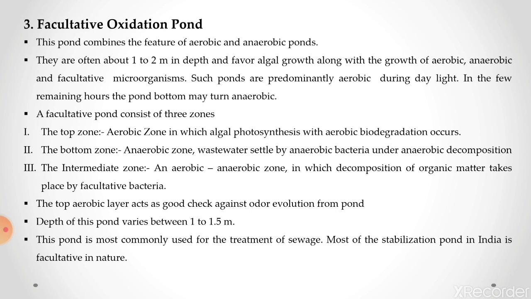The facultative pond consists of 3 zones: top zone, bottom zone and intermediate zone. The top zone is the aerobic zone in which algal photosynthesis with aerobic biodegradation occurs, whereas the bottom zone is the anaerobic zone, in which wastewater settles and is decomposed by the anaerobic bacteria, and the intermediate zone, anaerobic and aerobic, in which the decomposition of organic matter takes place by the facultative bacteria.